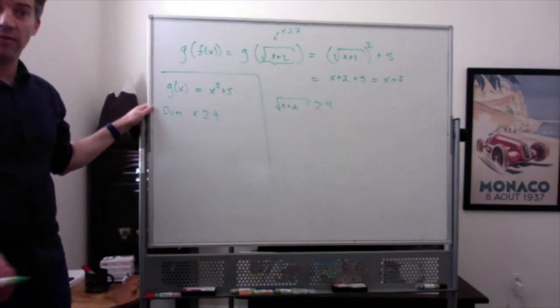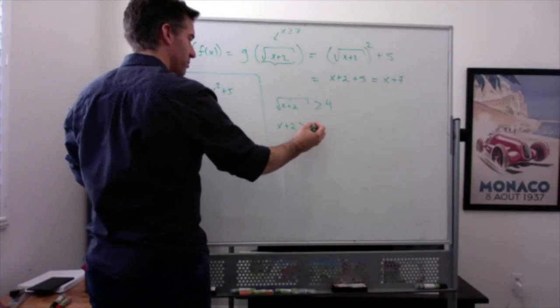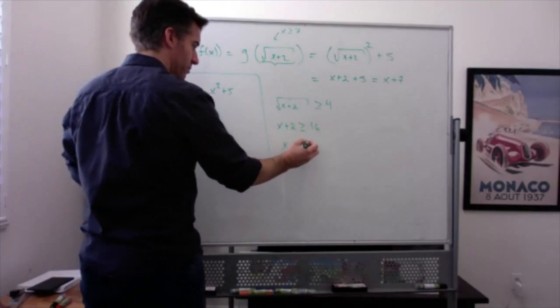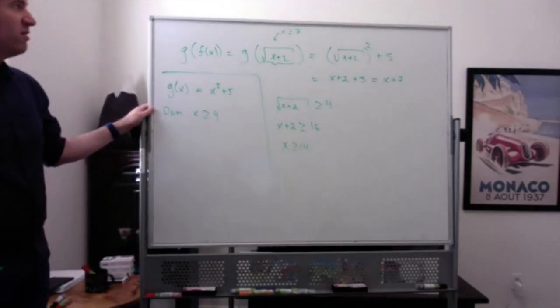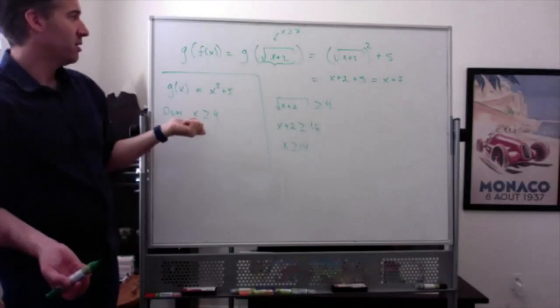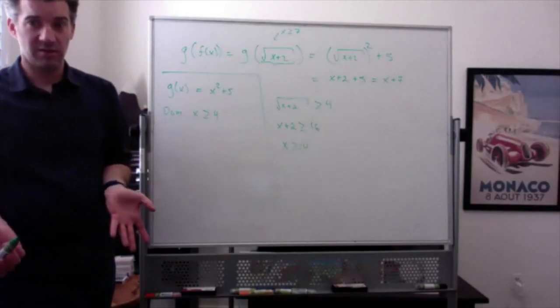And we can solve that. We can square both sides. And we can subtract 2 from both sides. So even though the inner function needs x to be bigger than or equal to 7, for the overall composition we also need x to be bigger than or equal to 14.